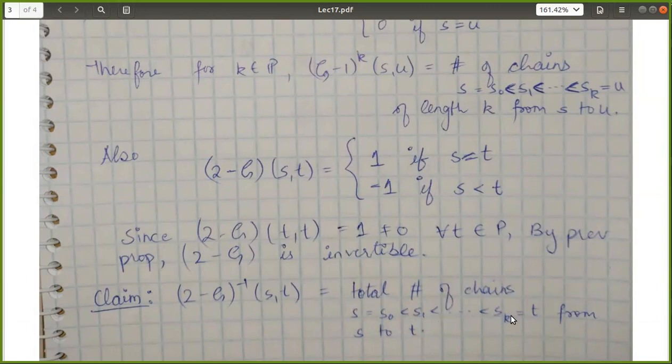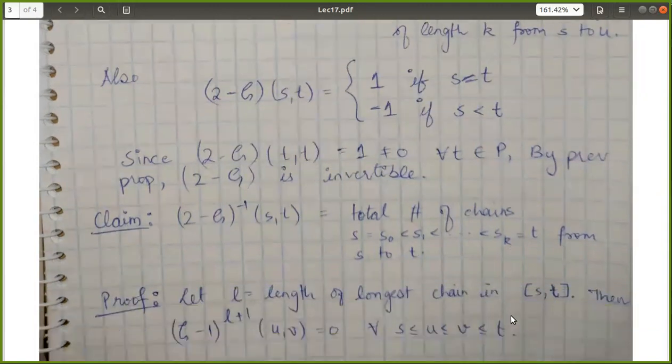This is my claim. So we will see two proofs of this particular claim. One is in a very combinatorial, or rather very manipulative proof, and the other one comes from topology.